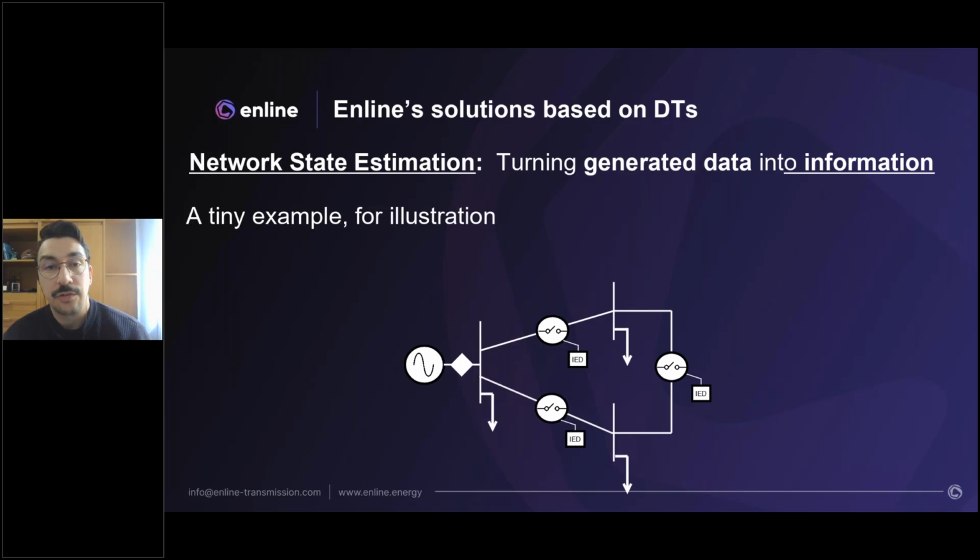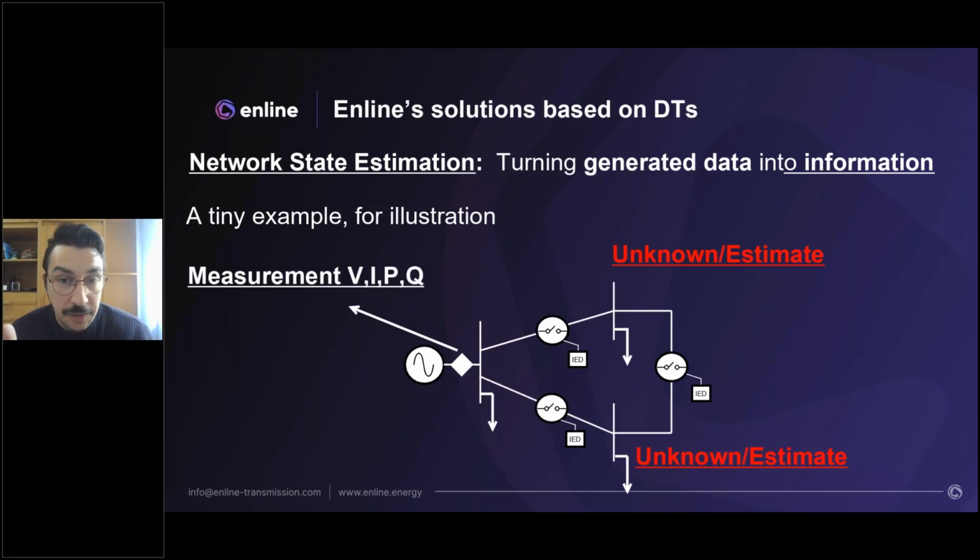And the way we do this with network state estimation, just to give you a brief example, this is a classic power system. If you are a power systems engineer, I believe you saw the same example in undergrad. If you have this simple system here, the way our tech works is by assessing the nodes we can measure and trying to estimate all the combinations of voltage, current, power on the nodes that we do not have any vision of due to lack of sensing equipment, for instance.